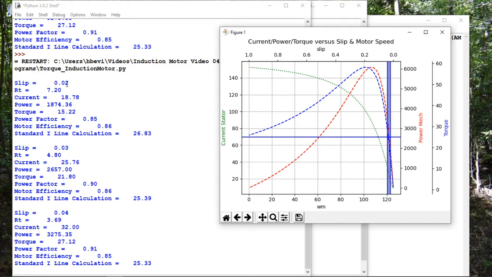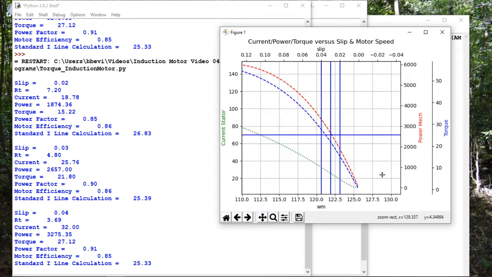So let's start out with a slip of 0.02, and let me just expand this while we're watching. If we get a slip of 0.02, then what we notice is that the transfer resistance, RT, which is R rotor over S, is 7.2. This includes both the lossy part in the rotor and also the mechanical part.